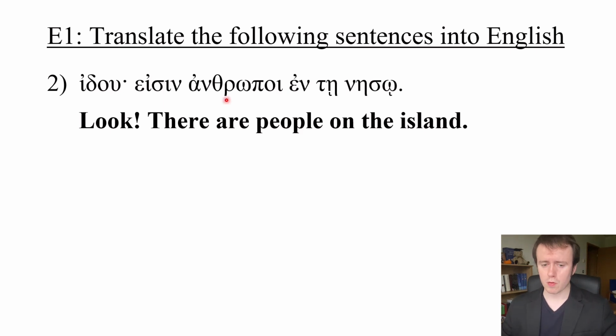Then we have anthropoi in the nominative plural, so they're the subject of the verb to be here. They are what we're being told there are on the island, namely people or men. So, look, there are men on the island. Nesos, although it's a 2a noun, is feminine, in case you were wondering. So that's why we have the feminine dative singular definite article rather than the masculine dative singular definite article.